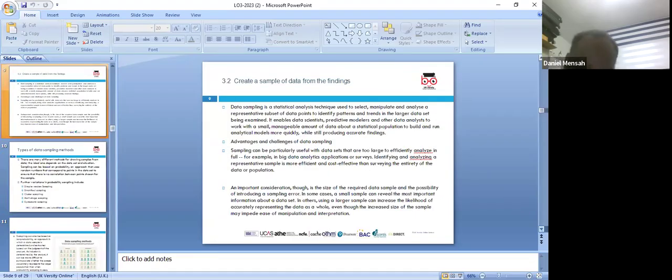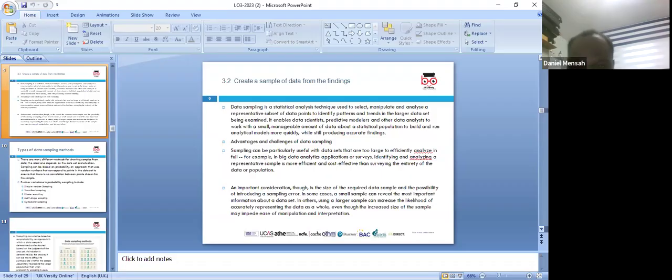Data sampling, you just mentioned that. Create a sample of data from the findings. Data sampling is a statistical analysis technique used to select, manipulate, and analyze a representative subset of data points to identify patterns and trends in a larger data set being examined.